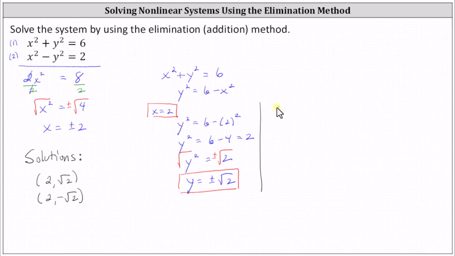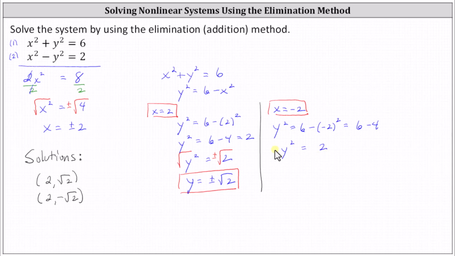So now we'll solve for y when x equals negative 2. When x is negative 2, we have y squared equals 6 minus the square of negative 2. But the square of negative 2 is 4, giving us 6 minus 4, and therefore y squared equals 2 again.